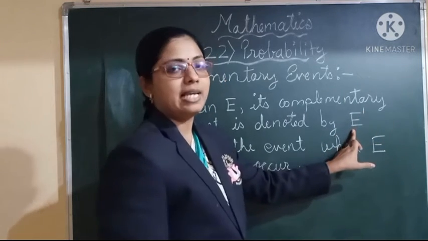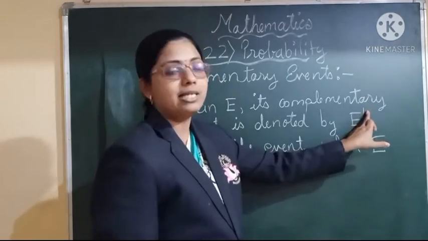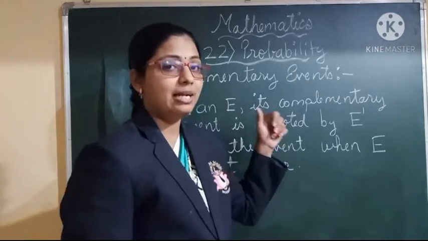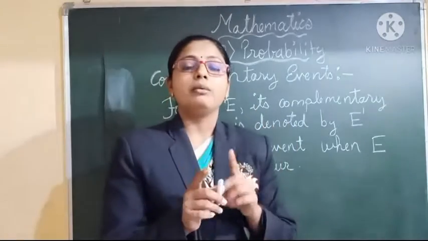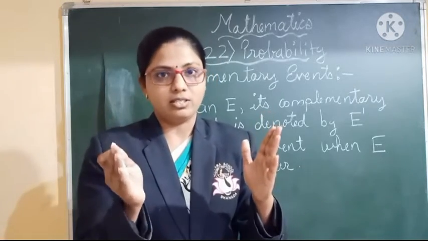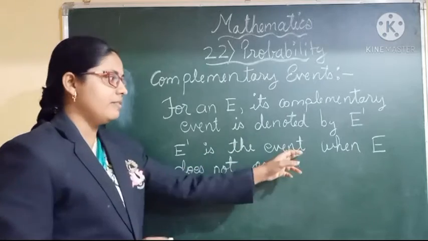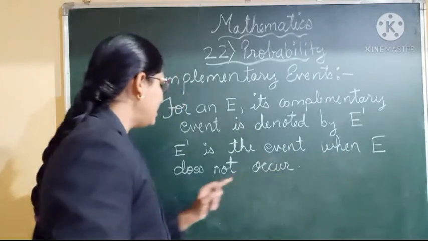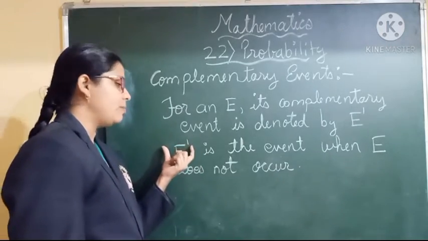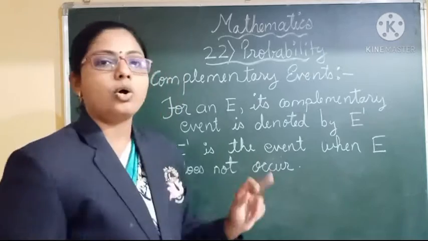This dash implies complement of E. E dash will be the opposite of event E. So E dash is the event when E does not occur.